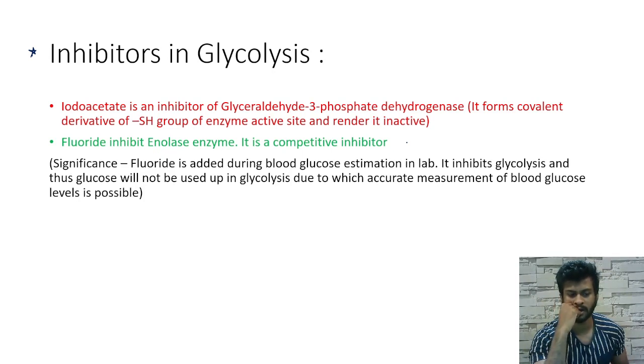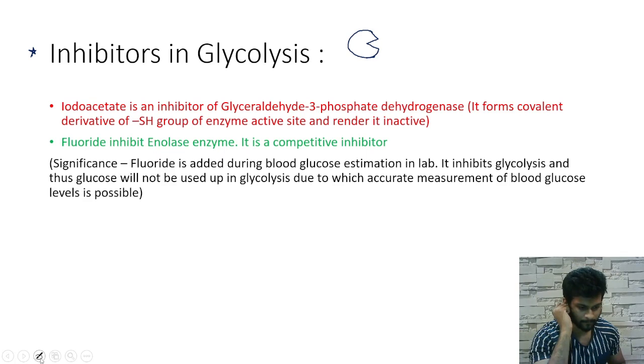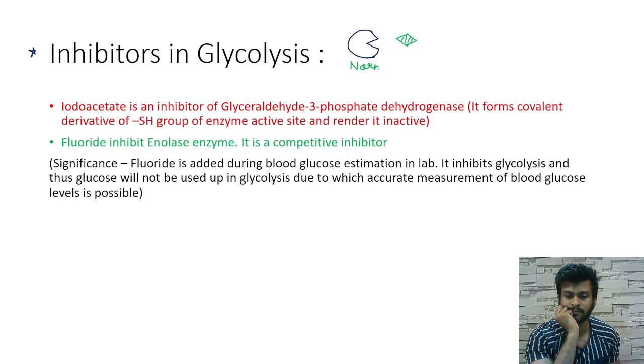Next point is fluoride inhibits enolase enzyme. It is a competitive inhibitor. If this is an enzyme with its active site, this triangular shape is the active site, and if this is the normal substrate, in the normal case it can easily bind with the active site.